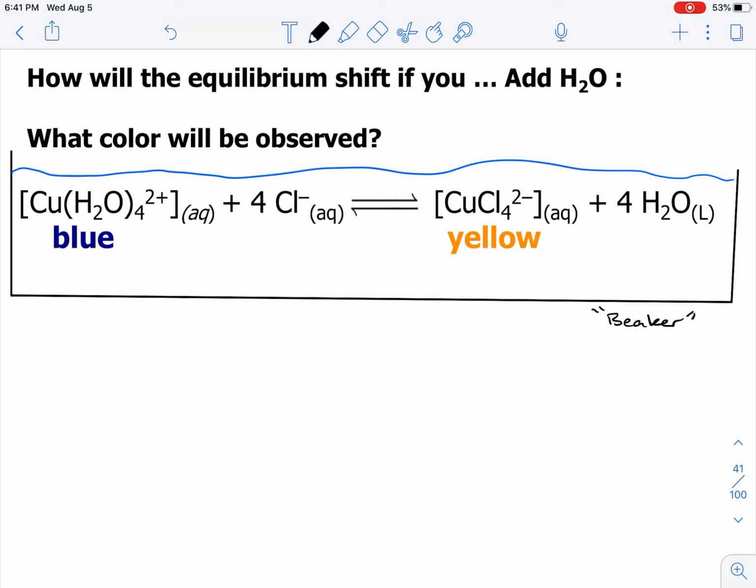And so here in this case, since we're adding water, we're increasing the amount of H2O. So it turns out that H2O is a product.